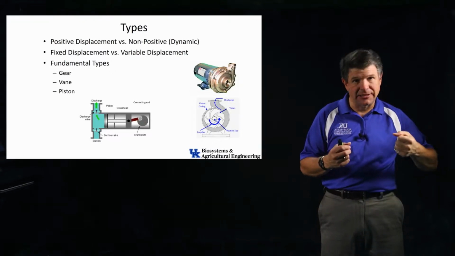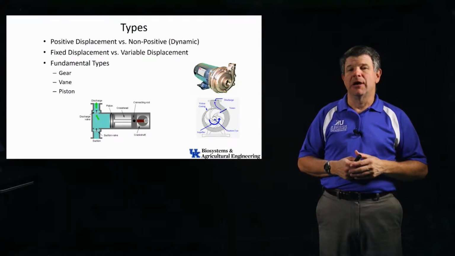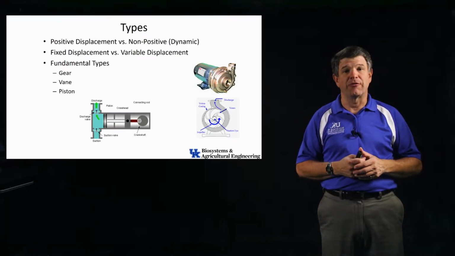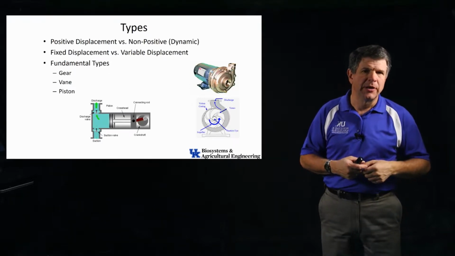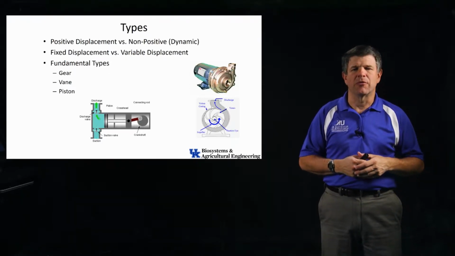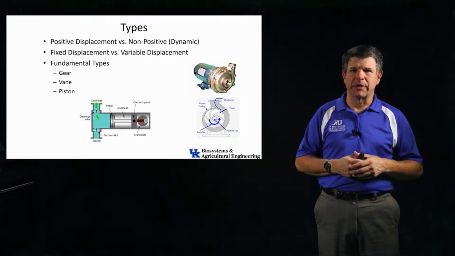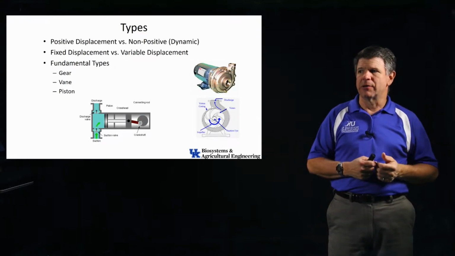And so I get that same volume of material every rotation of that crankshaft. I'm not going to see that with that centrifugal pump over there, or fans or stuff like that. They're not sealed, so it relies on the momentum, the centripetal forces and so forth of those impellers to make it happen. But we're going to be positive displacement. It means every rotation I've got a certain amount of material that comes out of it.